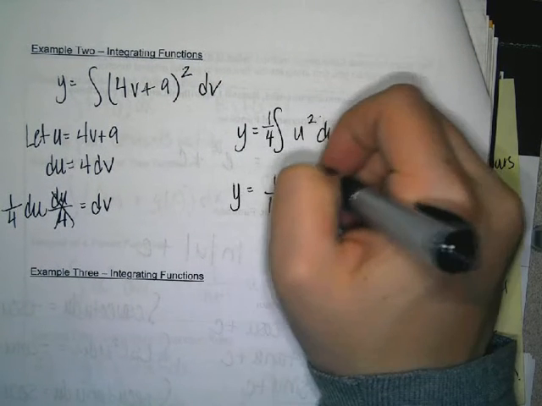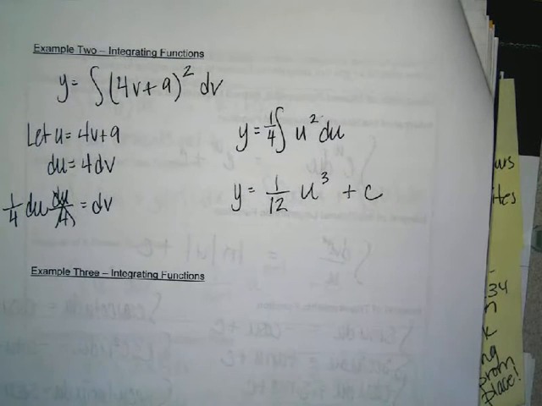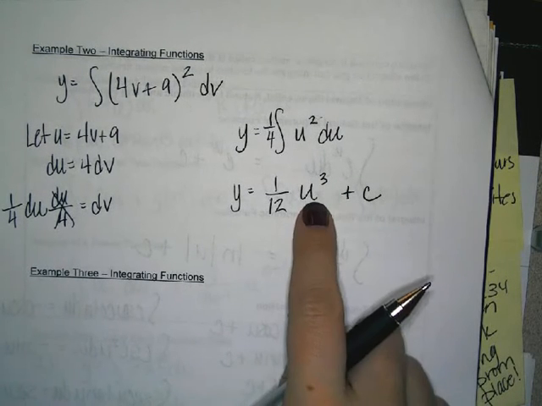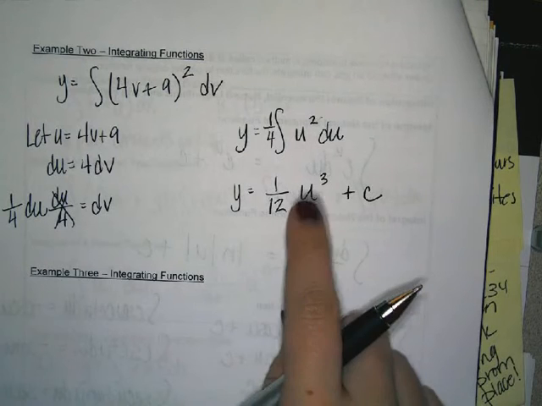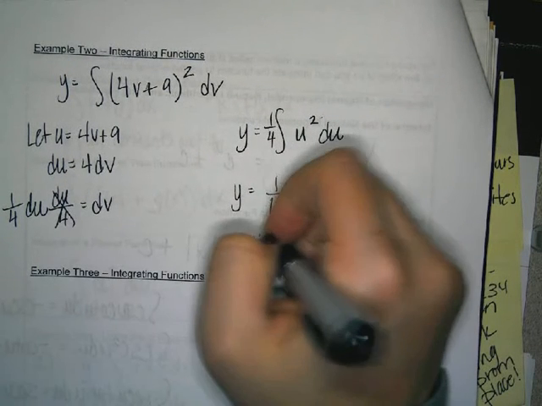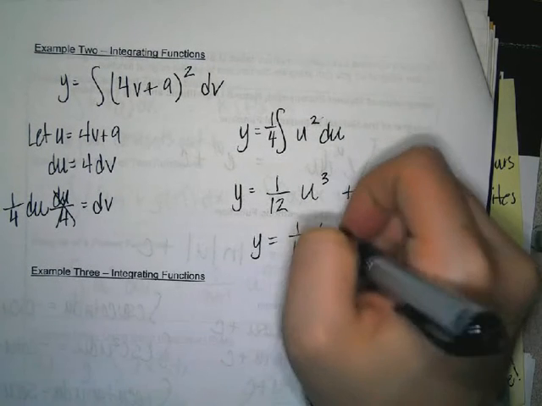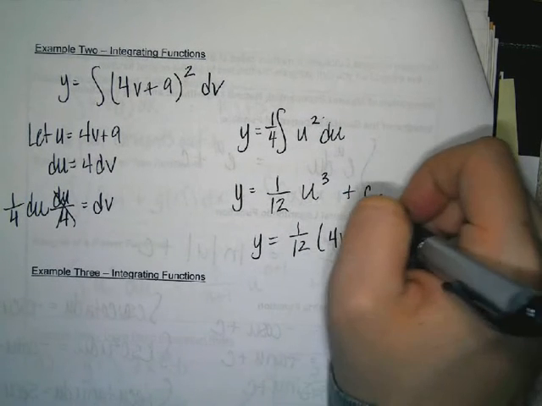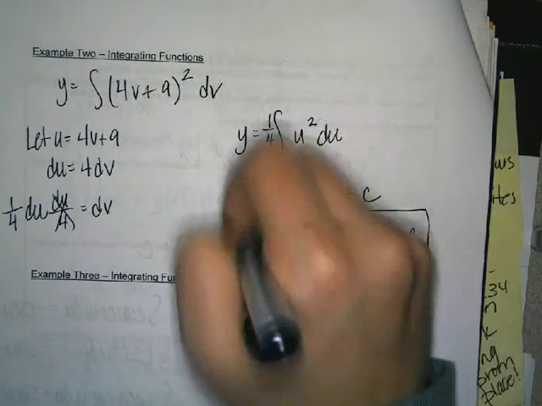And so you get 1/8 u to the 8th plus c, and then replace the u. And again, if you're not sure you did it right, take the derivative again and see if you get what you started with, which you would, because you have to do the chain rule.